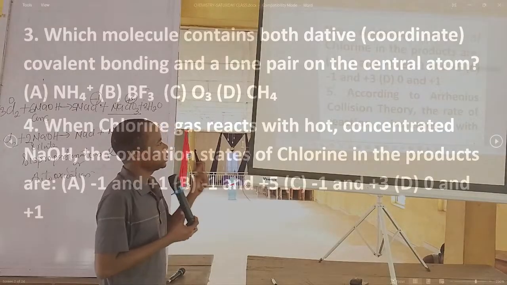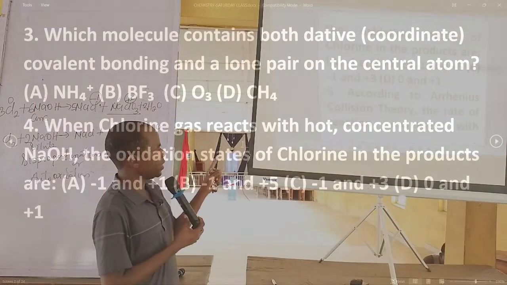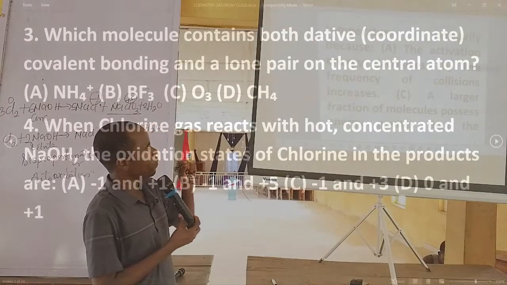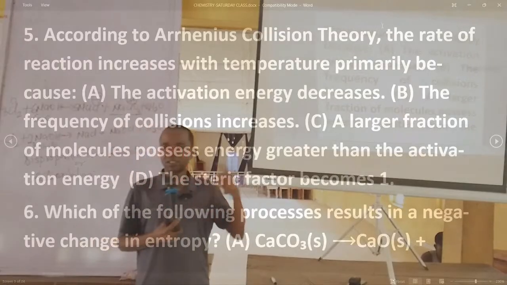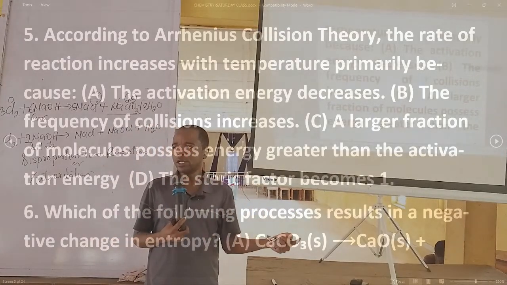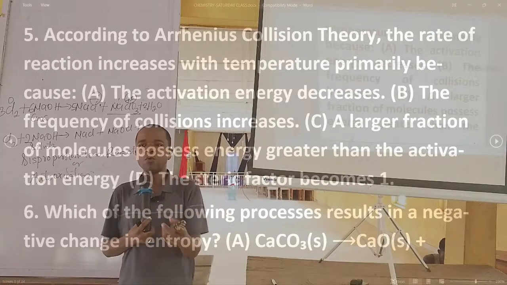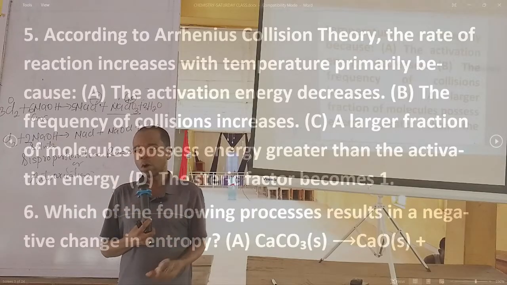Number 5 says, according to Arrhenius collision theory, the rate of reaction increases with temperature, primarily because... The question is asking us, why does an increase in temperature lead to an increase in the rate of the reaction? Now we know that there are 7 major factors that affect the rate of reaction, and temperature is one of them.